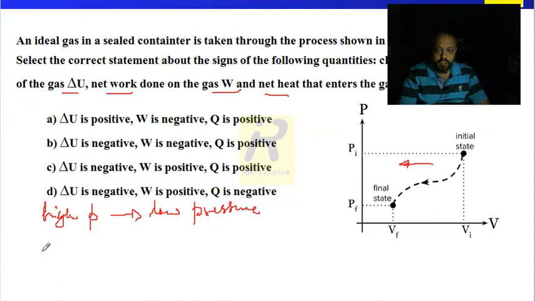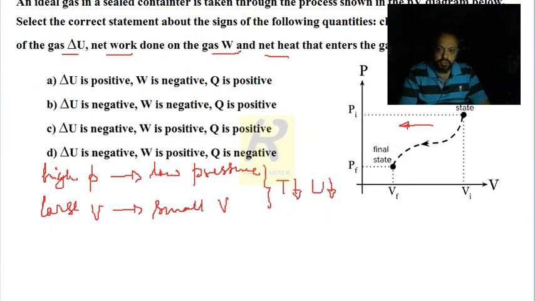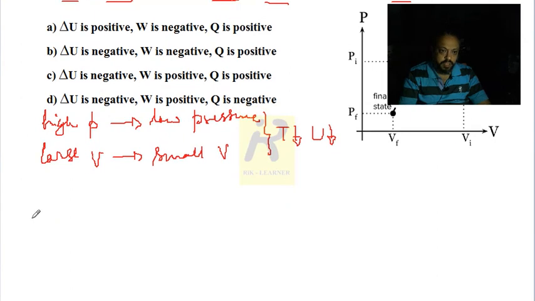Then the volume goes from large volume to smaller volume. So in this situation, T should reduce. When T reduces, U should reduce.